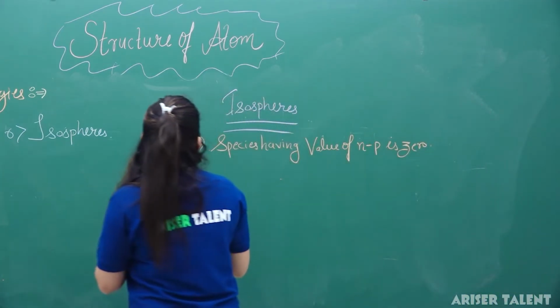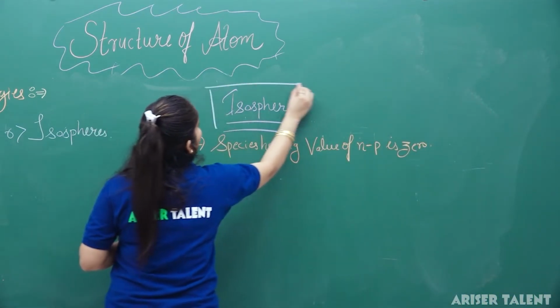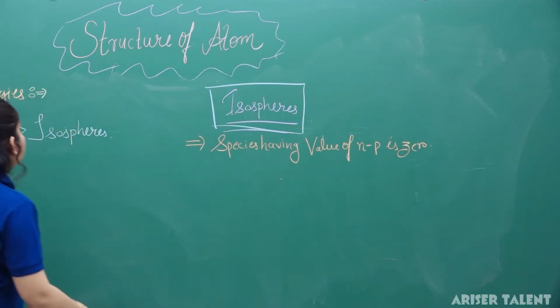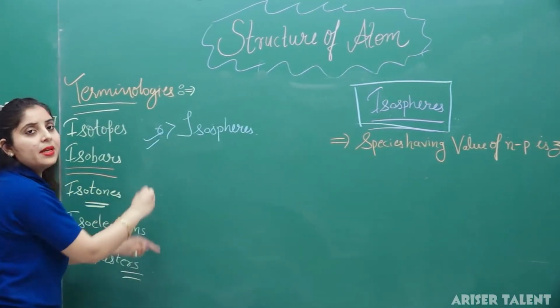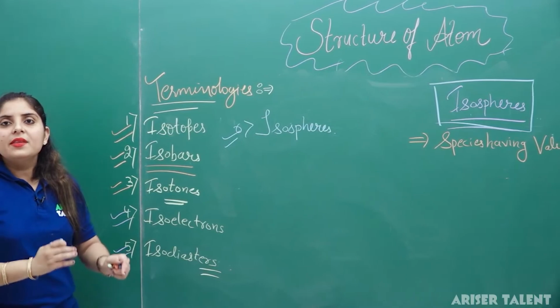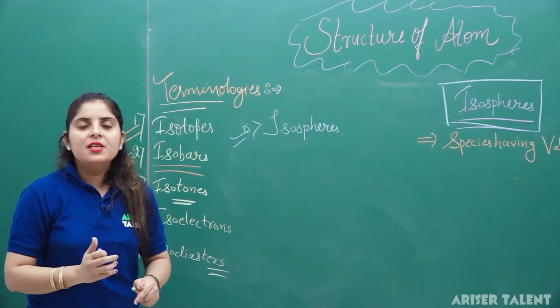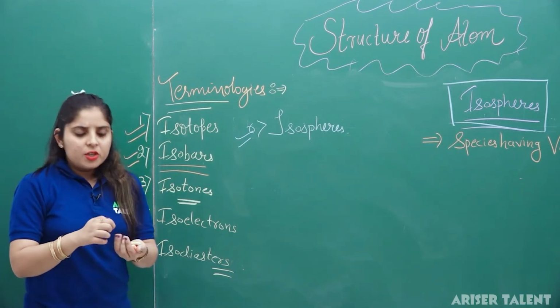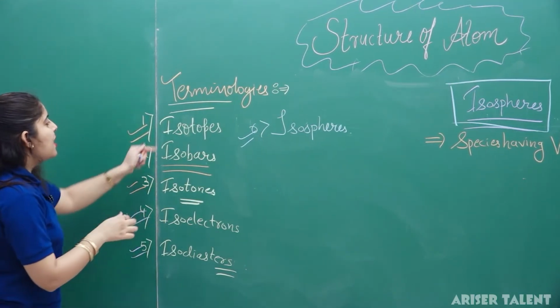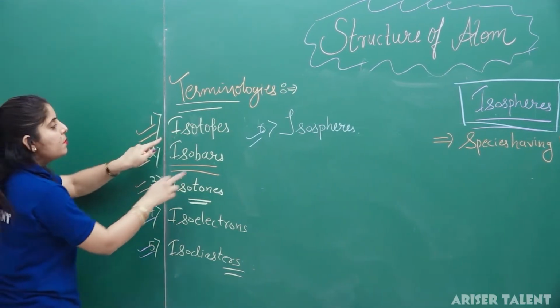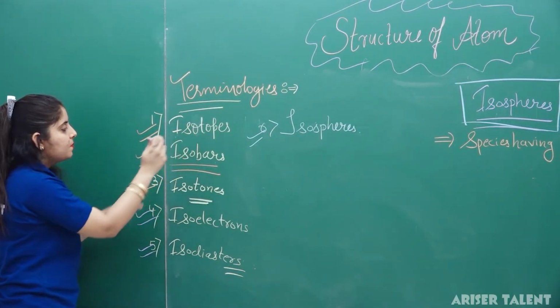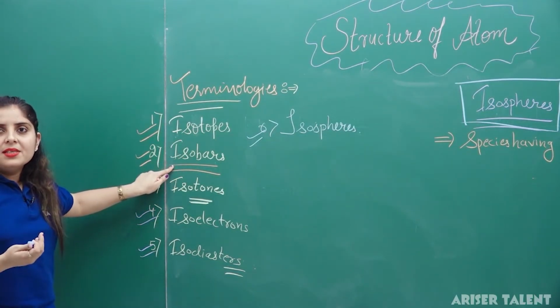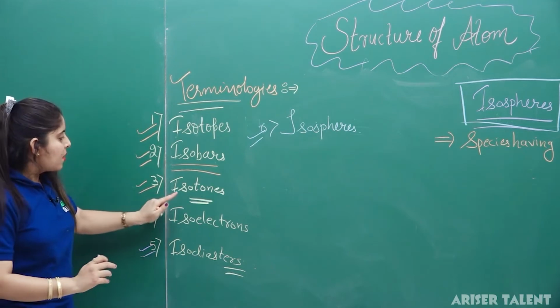So we have our next term, that is isospheres. I hope these terms have been clear to you. So these are the important terminologies related to atomic structure. I am repeating it in a very short form. First is isotopes: same number of protons. Isobar: having the same atomic mass.